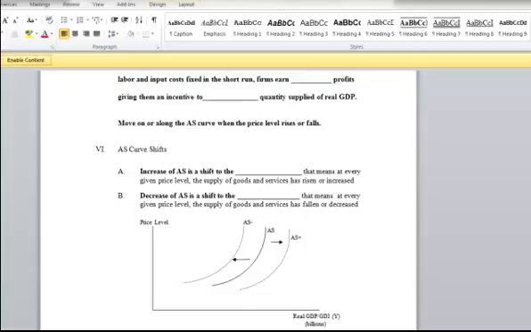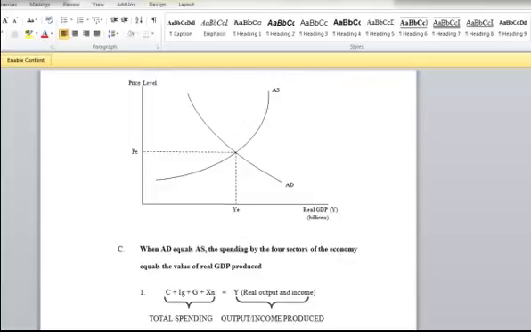So if the cost of doing business increases, then sellers are going to be less willing to supply, and they will decrease aggregate supply. If cost of doing business falls, things get cheaper to produce, the cost of inputs gets cheaper, the cost of wages goes down, then sellers will be more willing to supply, and aggregate supply will shift to the left, or sorry, to the right. So increase is a shift to the right, when costs of doing business fall.